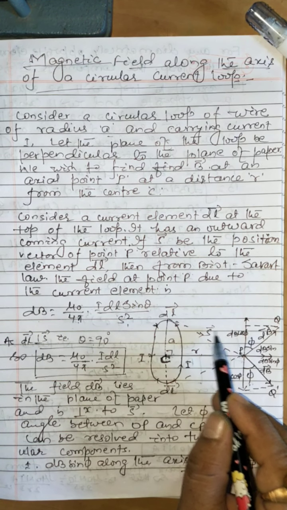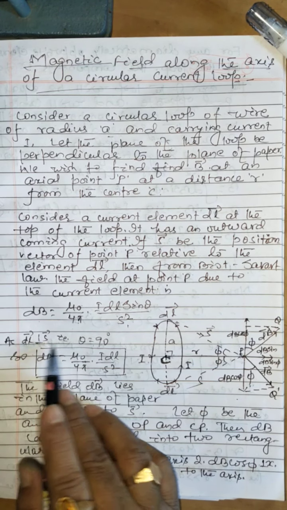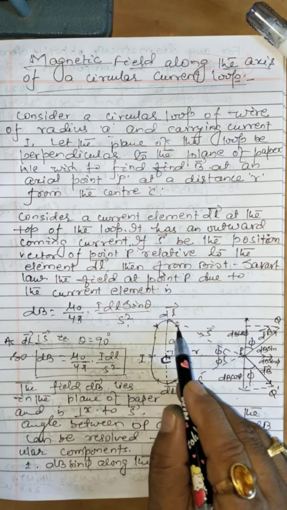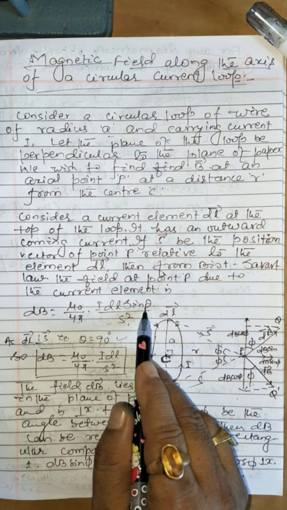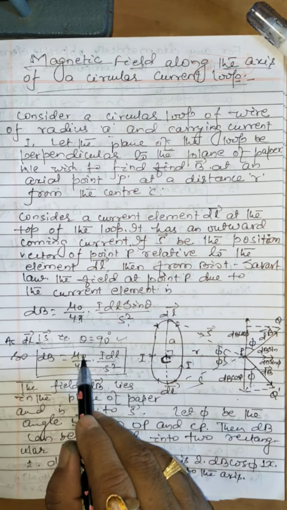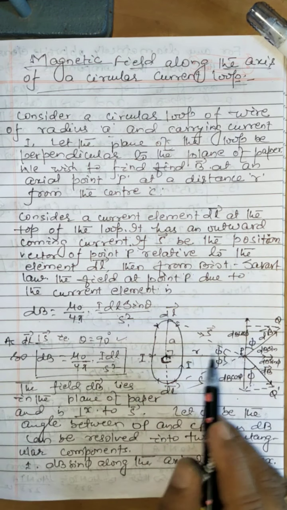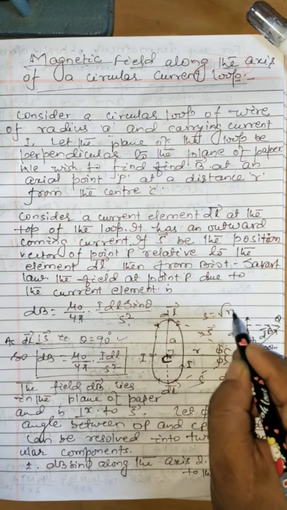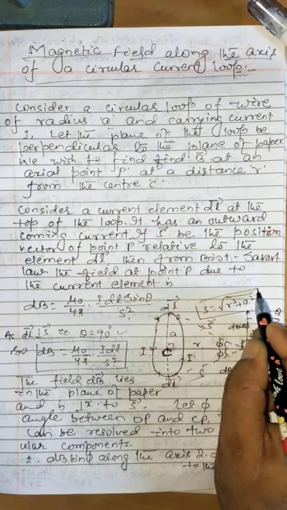As dl and s are perpendicular to each other, the angle will be 90 degrees, and sin 90 is equal to 1. So dB is equal to mu naught upon 4 pi, I dl upon s square, and this s is equal to the square root of r square plus a square.